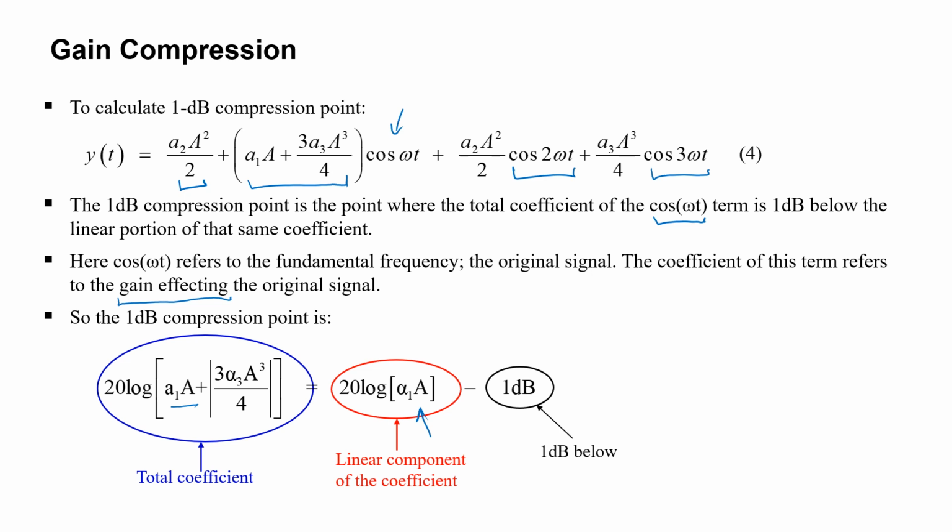So if this total coefficient is 1 dB below the linear component, then this expression can be written as the expression for the 1 dB compression point. I hope you understand this point, and we will discuss further during our face-to-face lectures as well.